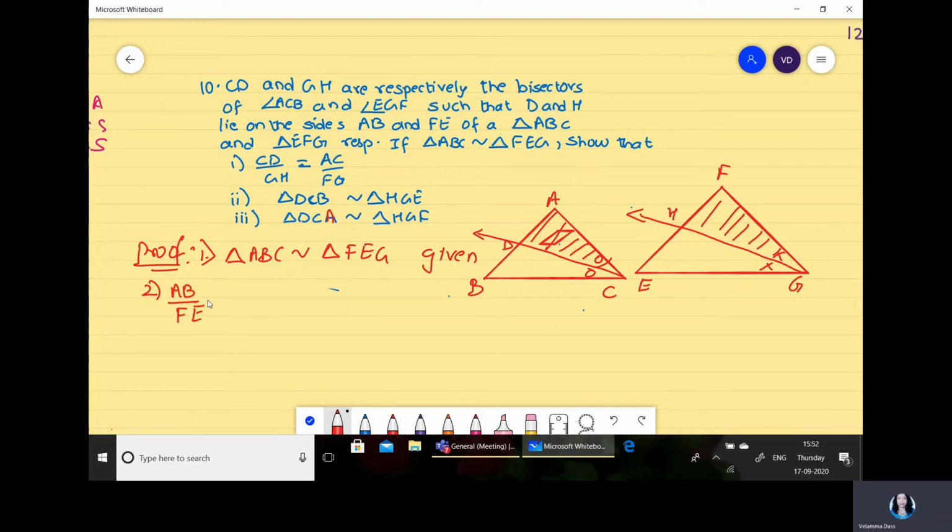That is AB upon FE equals BC upon EG equals AC upon FG. That is, all the corresponding sides are proportional, that is CSST. And we also know that angle A equals angle F, angle B equals angle E, and angle C equals angle G.